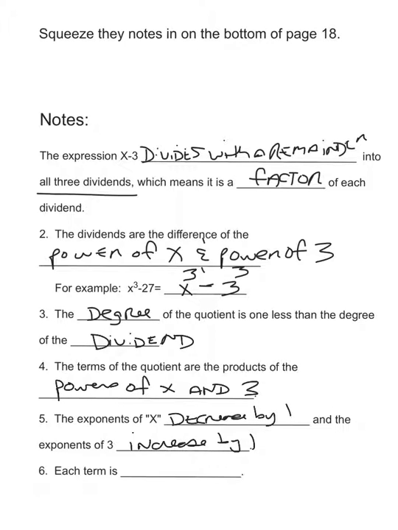That's the rule. And then each term is going to be positive. These are the rules we're going to talk about with an a minus b type situation. So just have those down. We're going to talk more about those in class because this is higher level thinking that we're going to move into.